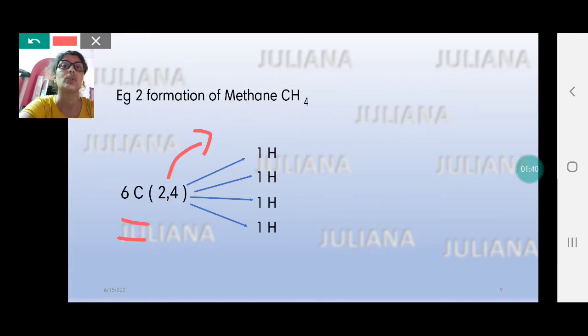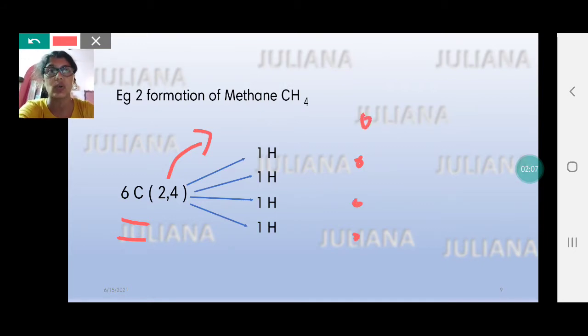Now, it does not donate electrons, but rather it calls 4 hydrogen atoms. Hydrogen with atomic number 1 has 1 electron in the outermost shell. They require a duplet at least to become stable. So hydrogen requires 1 electron to become stable. Carbon requires 4 electrons, and therefore their electrons are shared.